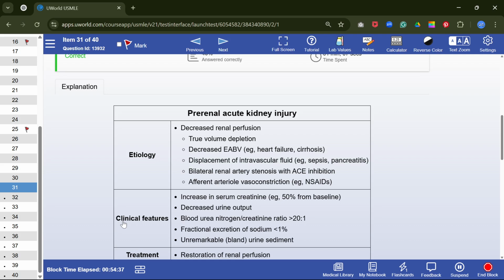So it's pre-renal AKI. More than 20, so it's pre-renal AKI.